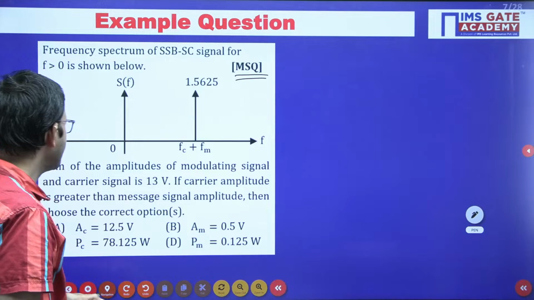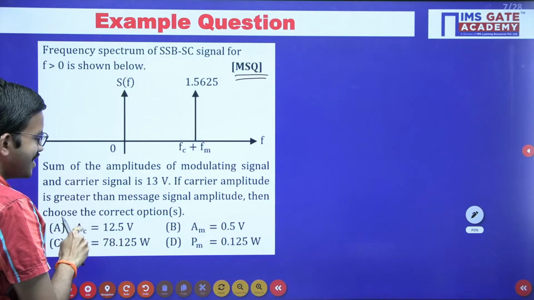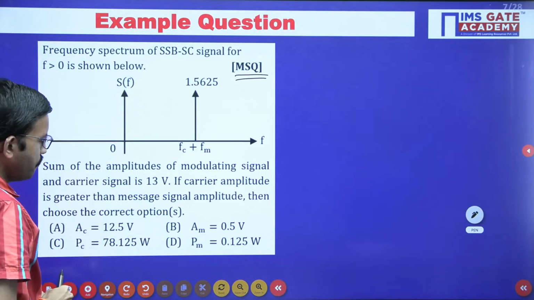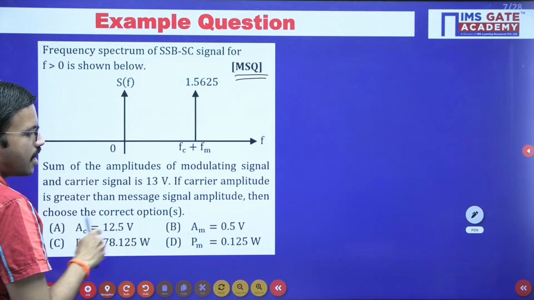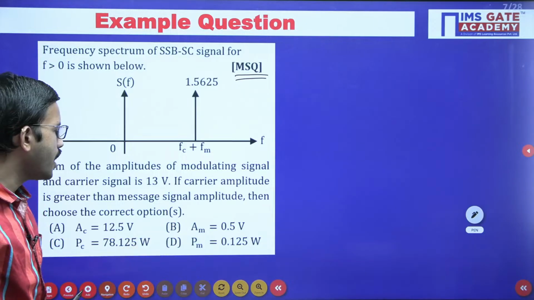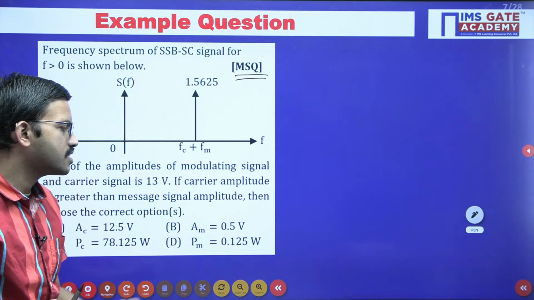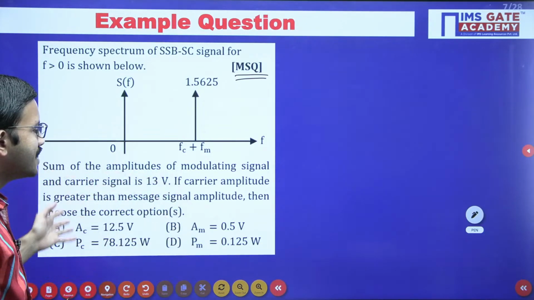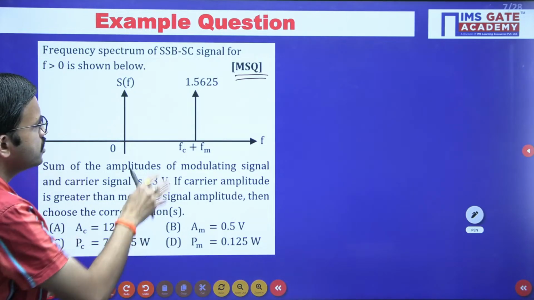But here, if you observe, option A you are having AC, option B you are having AM, option C you are having PC, option D you are having PM. So that means carrier amplitude, message signal amplitude, carrier power and message signal power. All the 4 quantities they have given here. And this question is also MSQ.